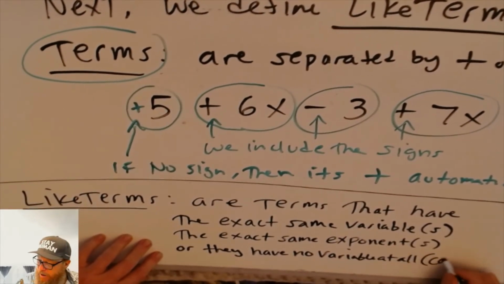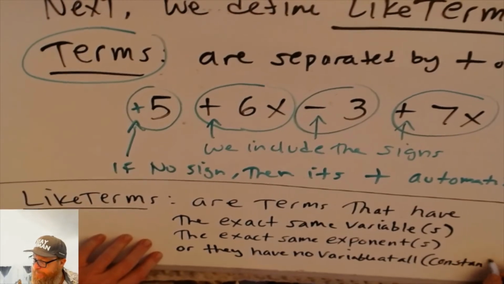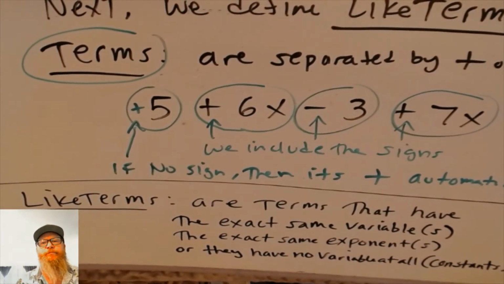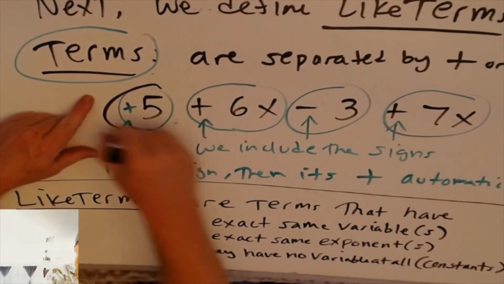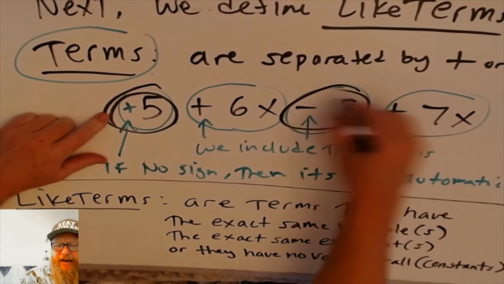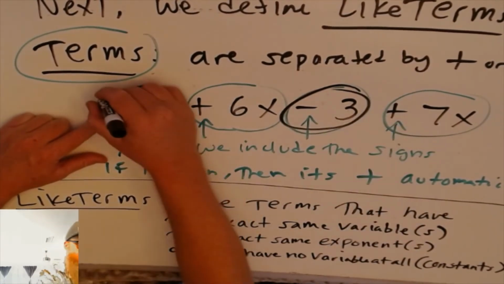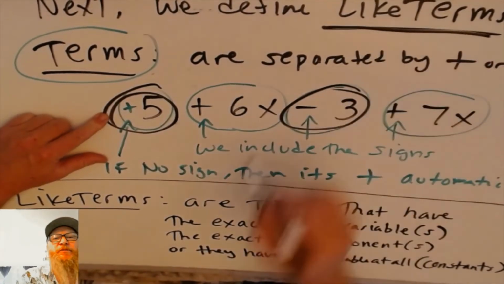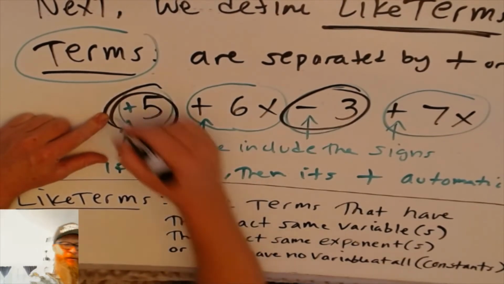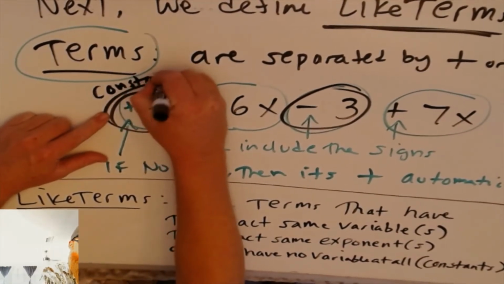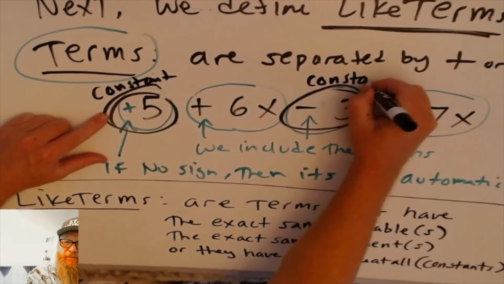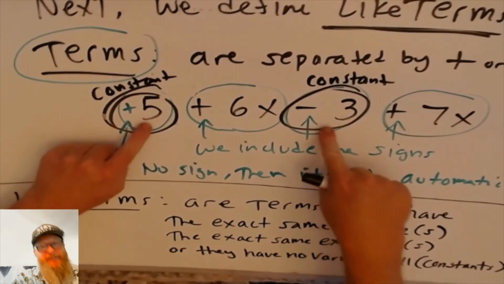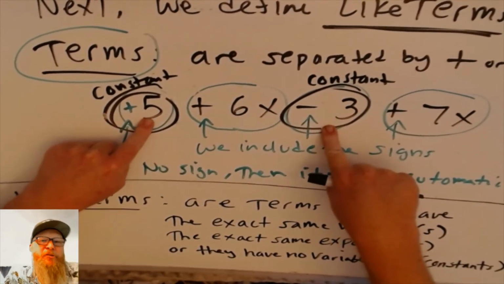Those are called constants. So for example, 5 and -3 are like terms because they are constants. So yes, these are like terms. They are both constants.